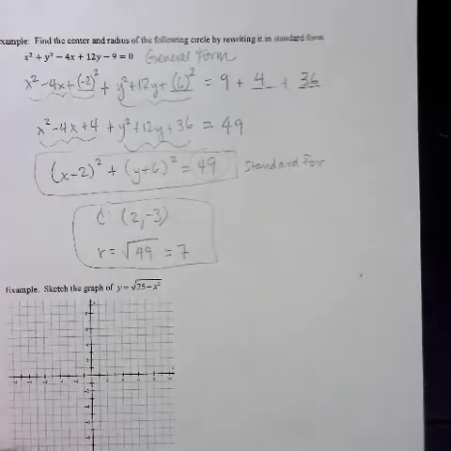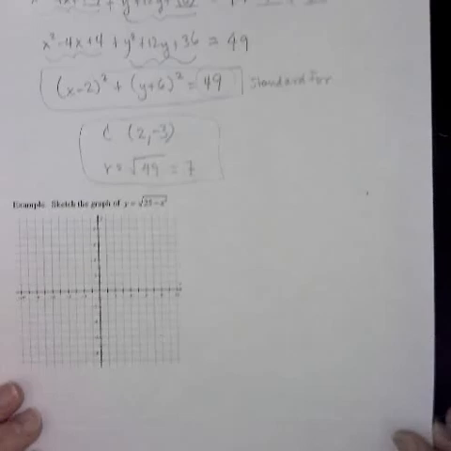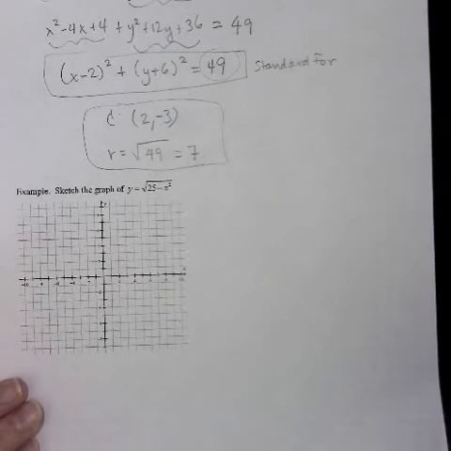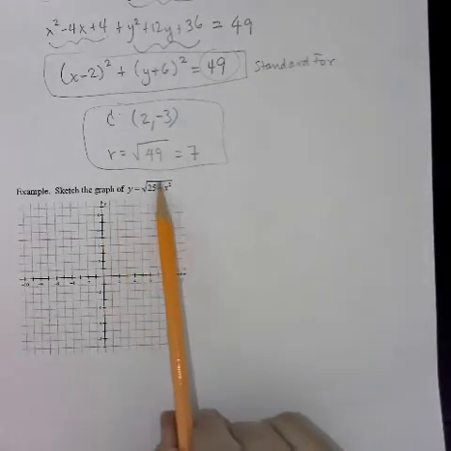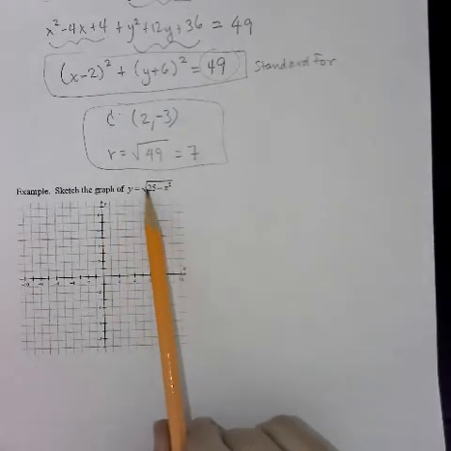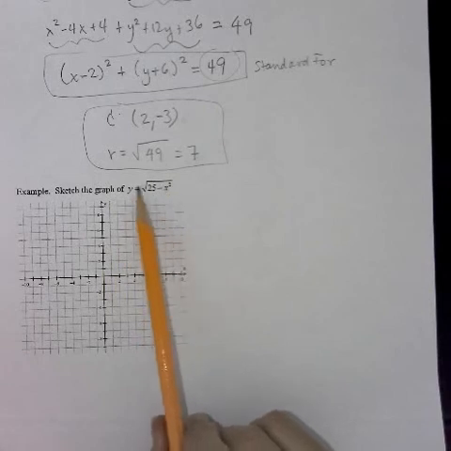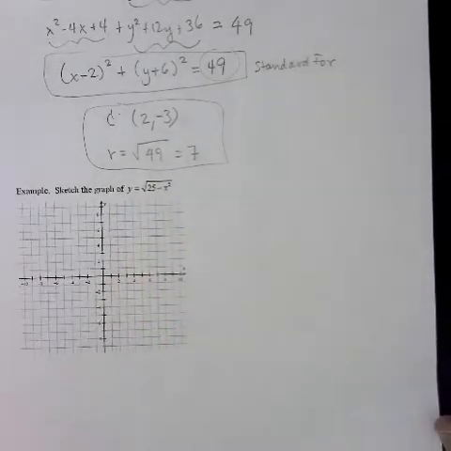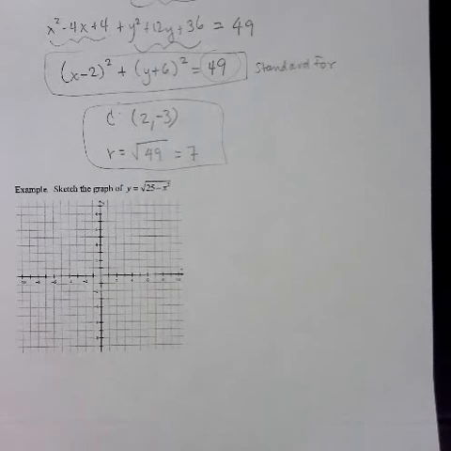All right, and one more example, and this looks like the square root function, right? But notice the x squared here. We're not talking the square root of x. It's not going to be a translation of the square root of x. Instead, this is related to the circle.